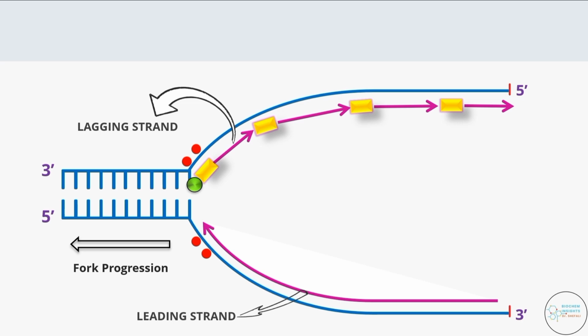These short stretches of DNA with RNA primers attached to them are called Okazaki fragments. So what are Okazaki fragments? Okazaki fragments are short stretches of DNA with RNA primers attached to them. And they are being synthesized away from the fork towards the origin of replication, right?